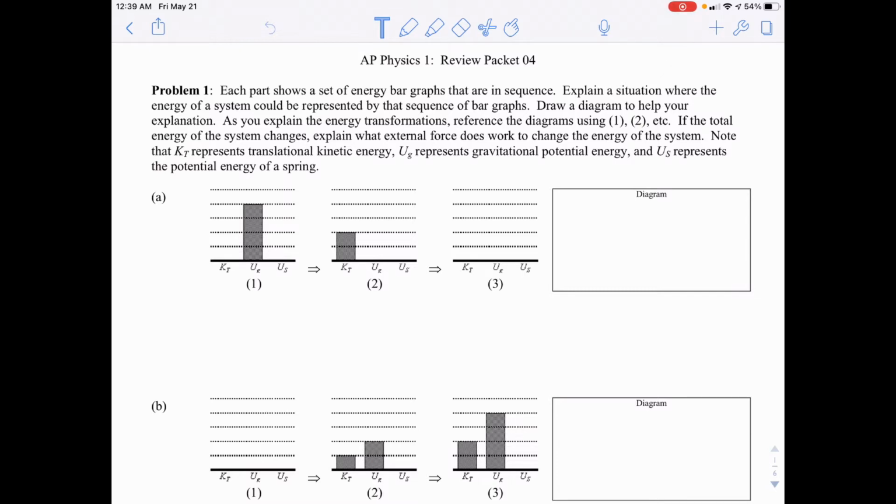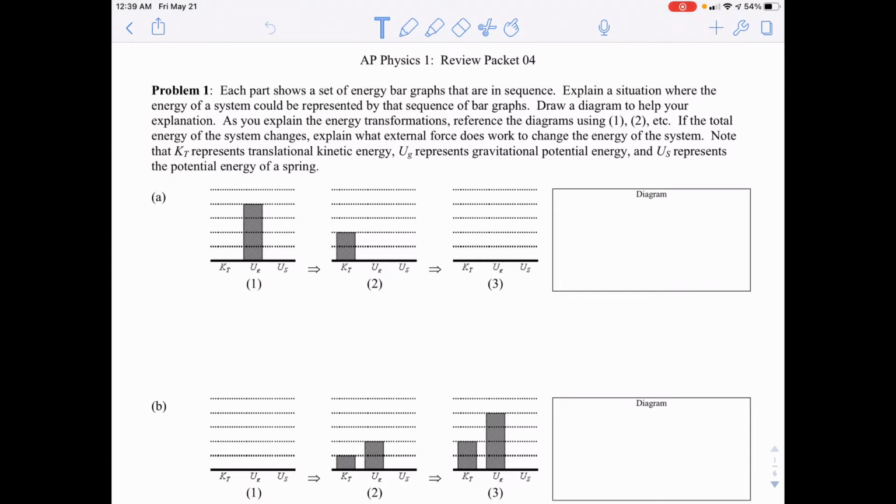In problem number 1, it says each part shows a set of energy bar graphs that are in sequence. Explain a situation where the energy of a system could be represented by that sequence of bar graphs. Draw a diagram to help your explanation.